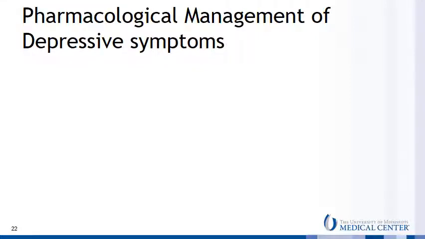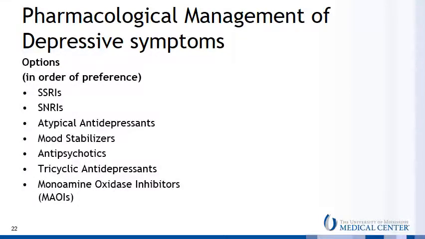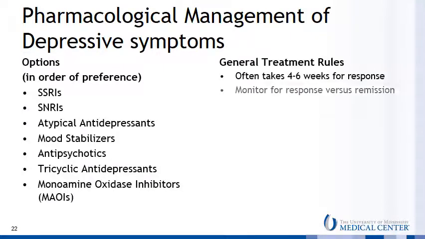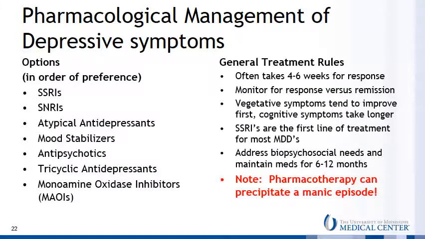All the same medications used in the depressive disorders can be used for the depressive symptoms of bipolar disorders. Likewise, the treatment rules are similar. However, be mindful of the fact that all of the first-line antidepressants, such as the SSRIs, SNRIs, and atypicals, as well as the first-generation antidepressants such as the tricyclics and MAOIs, can precipitate a manic episode.